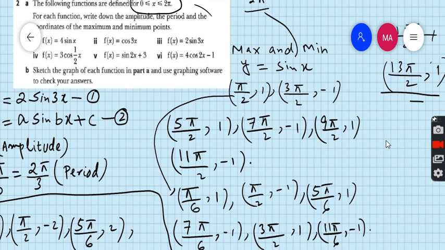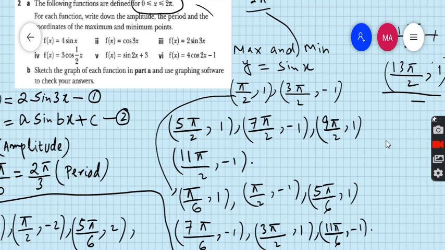The next step is, this is not the final answer. These are the maximum and minimum values of sin x. But our question is 2 sin 3x. Our period is 2 pi upon 3. So we have to divide each value of angle by b. The value of b is 3, the coefficient of x. So pi by 2 divided by 3, the first value is pi by 6, 1. Then 3 pi by 2 divided by 3, we will get pi by 2, minus 1.